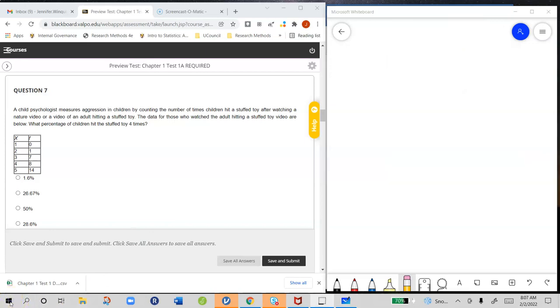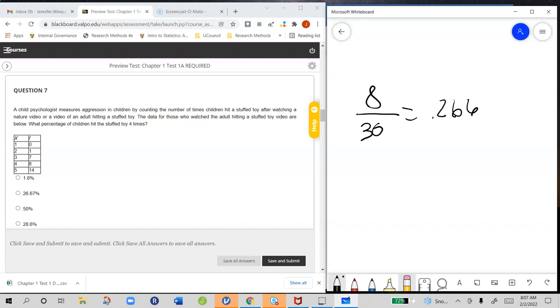If we're looking at the number of kids who hit the toy 4 times, it's 8. So we have 8 kids that hit the doll 4 times, and there were a total of 30 kids. What you're going to need to do is just divide: 8 divided by 30 gives you 0.266.